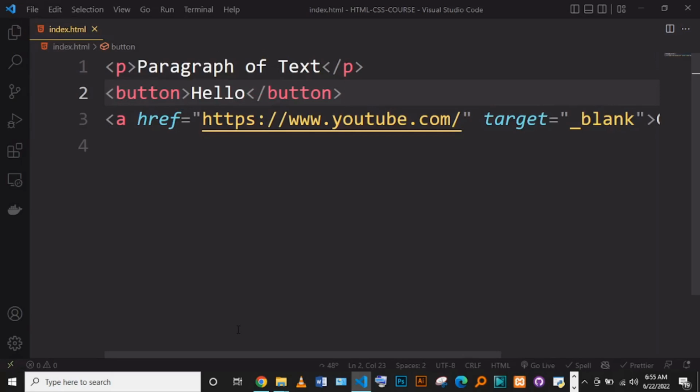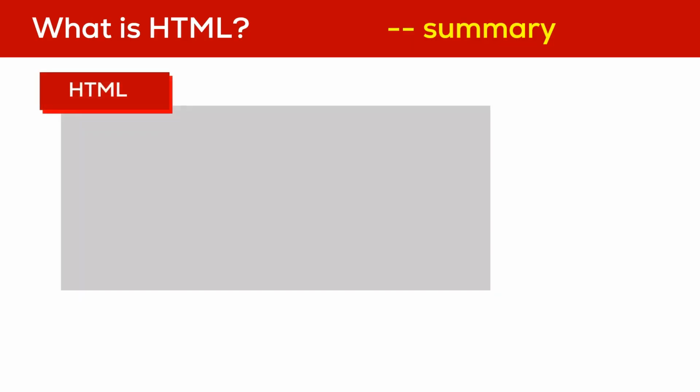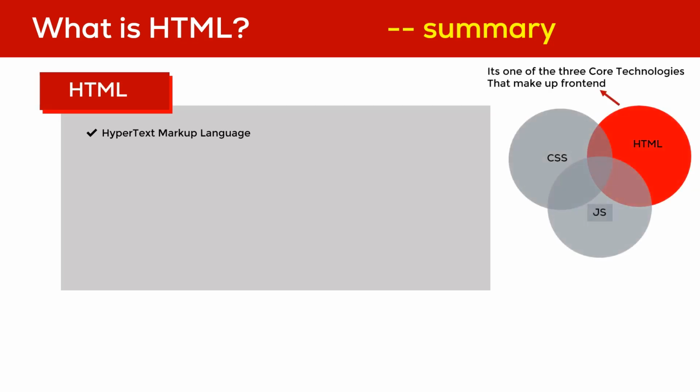From the last lecture, we saw that HTML is a hypertext markup language. And we know it is one of the three core technologies that make up front-end web development, where the others are CSS and JavaScript.